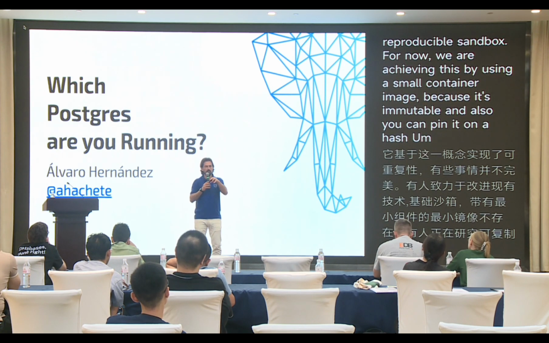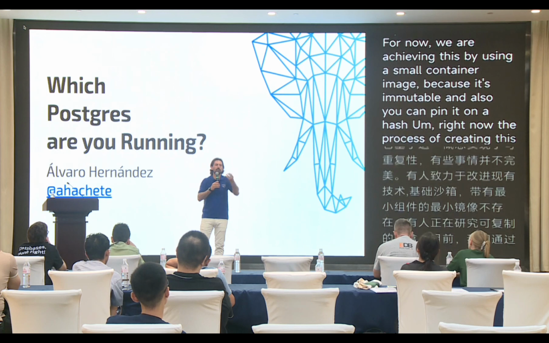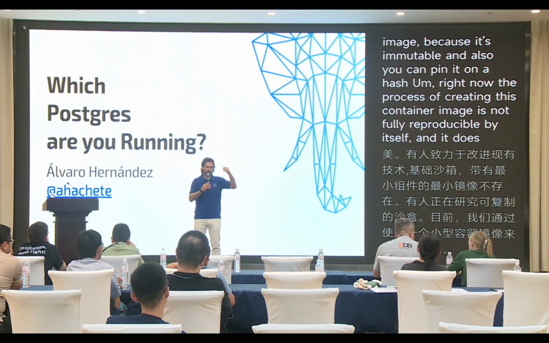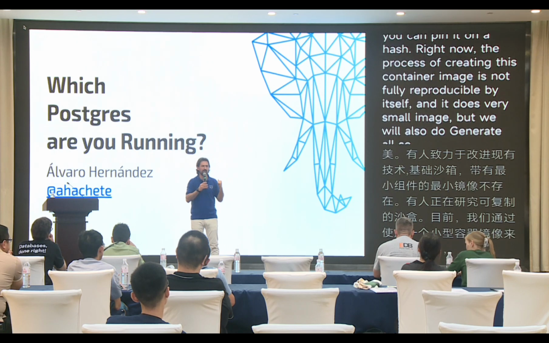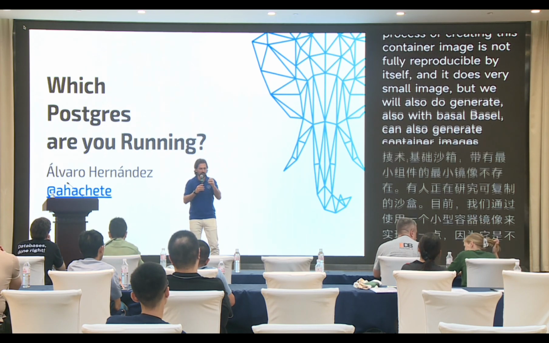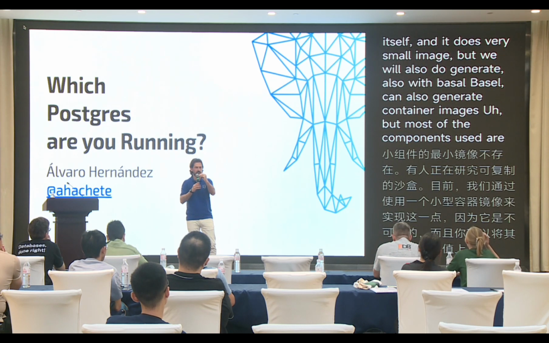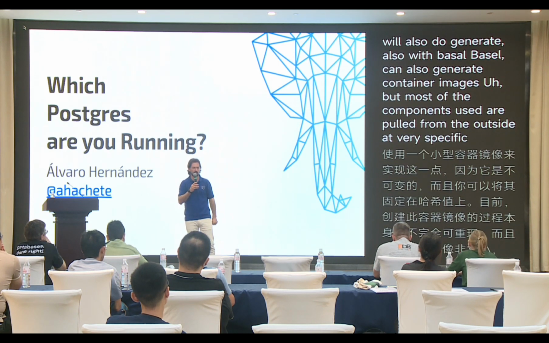Right now, the process of creating this container image is not fully reproducible by itself in this very small image, but we will do that too. We will generate it also with Bazel, since Bazel can generate container images. But most of the components used are pulled from the outside at very specific versions, ensuring every environment will be the same.